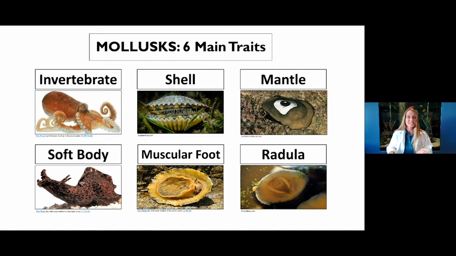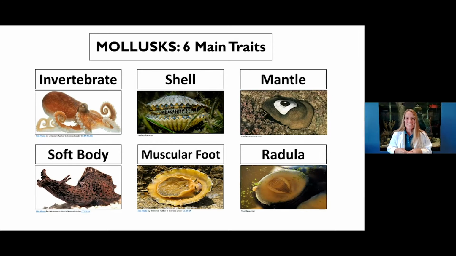So some mollusks have 2 shells, some mollusks have 1 shell, and some have kind of an internal shell-like structure. They also have a characteristic called a mantle, which is a soft part that actually makes the shell. They do have soft bodies, which sometimes are covered by that hard shell and sometimes are not.